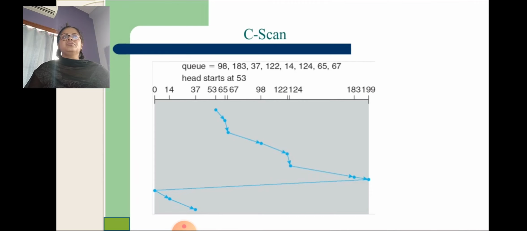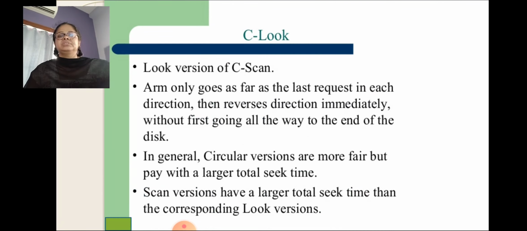We continue with the same process. Now the C-LOOK algorithm, the LOOK version of C-SCAN. The arm only goes as far as the last request in each direction, then reverses direction immediately without first going all the way to the end of the disk.